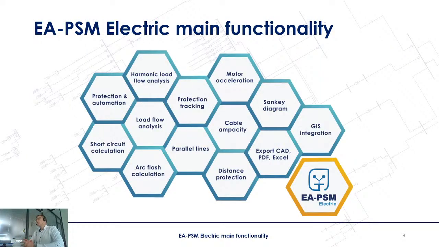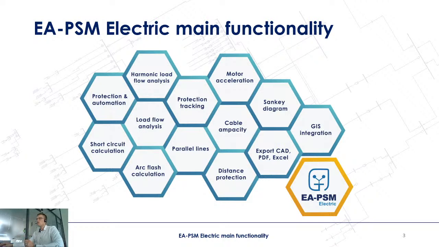Here's the introduction about the EA-PSM electric functionality. So basically it allows to do main calculations for electrical network design and maintenance, so basically for engineers who are working with electrical networks.